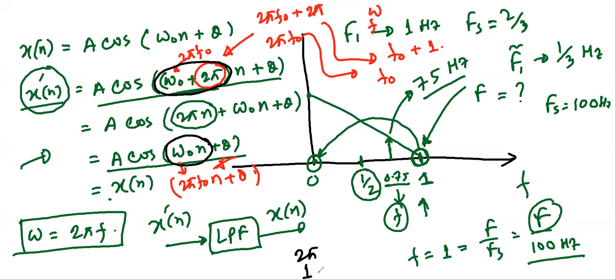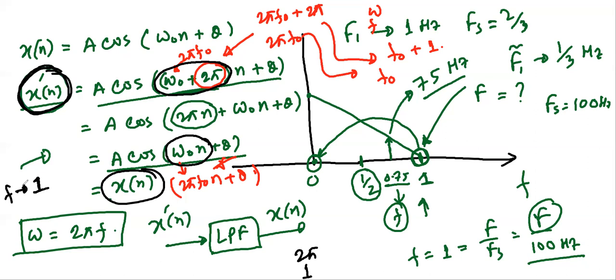So the distance between these two components is 1. Try to remember this: 1 in the scale of small f. So that is the distance. If that is the distance, then they are identical.